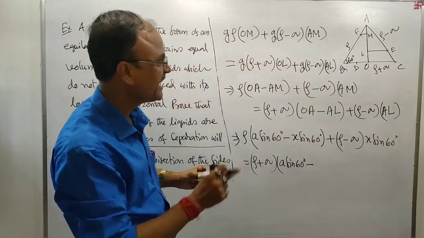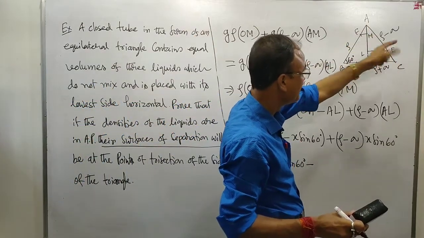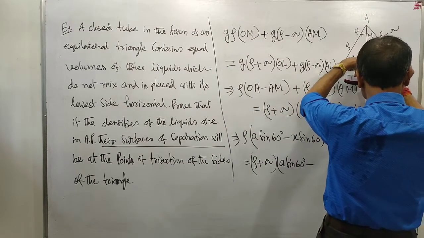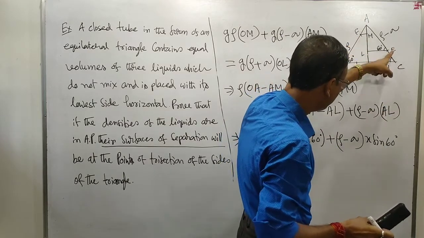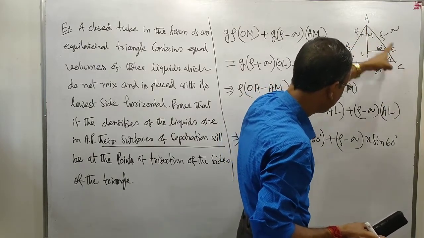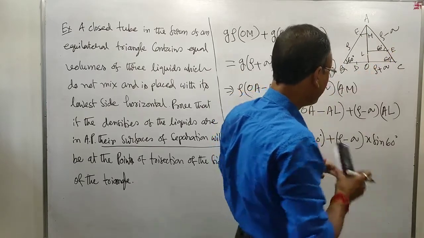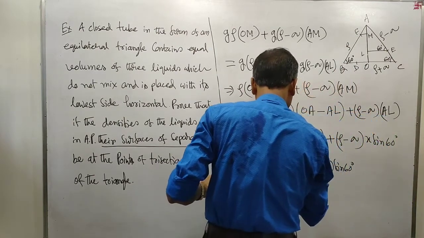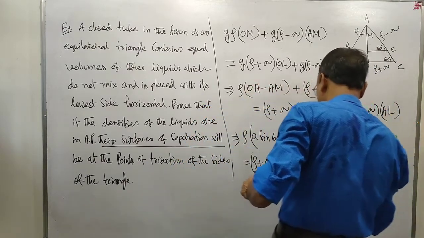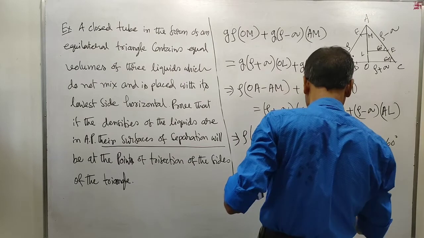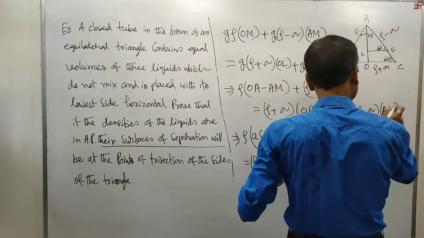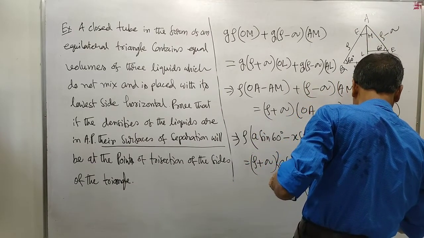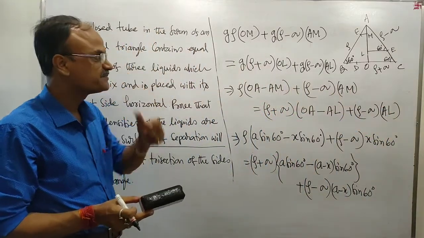Minus AL. What is AL? AL equals AE sin 60 degree, again 60 degree. AE is a minus x, so a minus x times sin 60 degree, plus rho minus sigma times AL, which is a minus x times sin 60 degree.